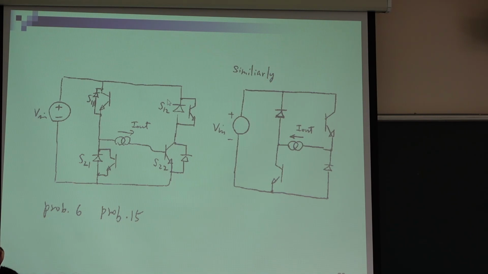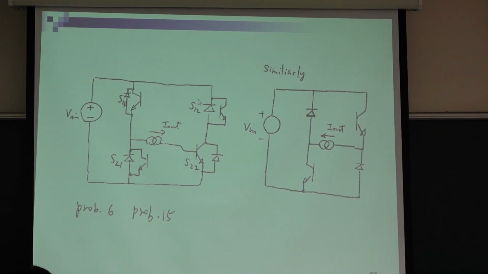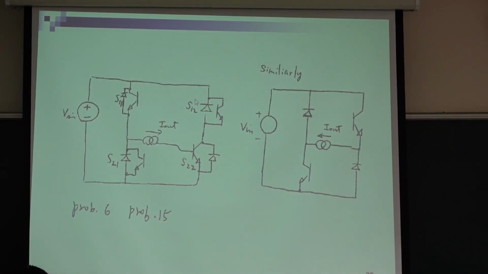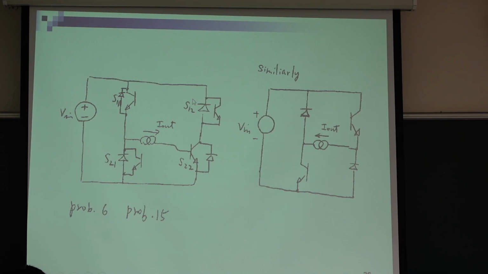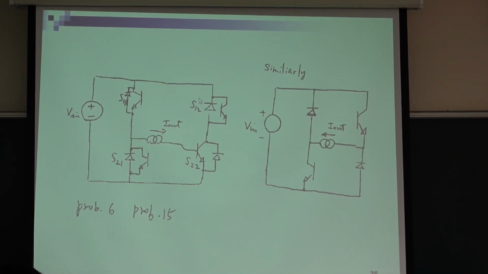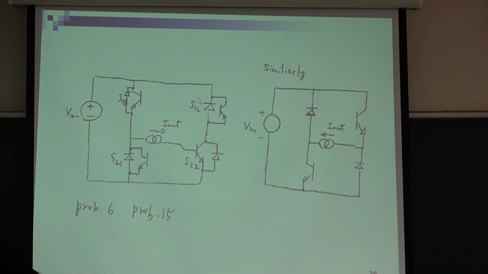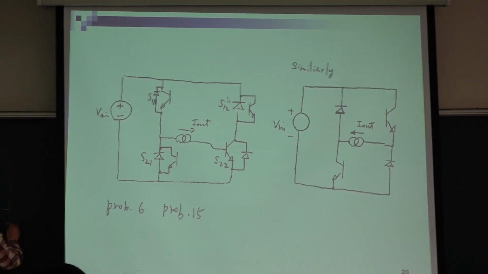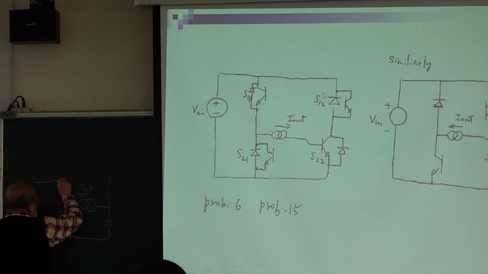Okay, so we can draw the final circuit. It is like this. This is output current, so it goes this way. And we have a switch here. We have a diode here. So this is the final circuit.